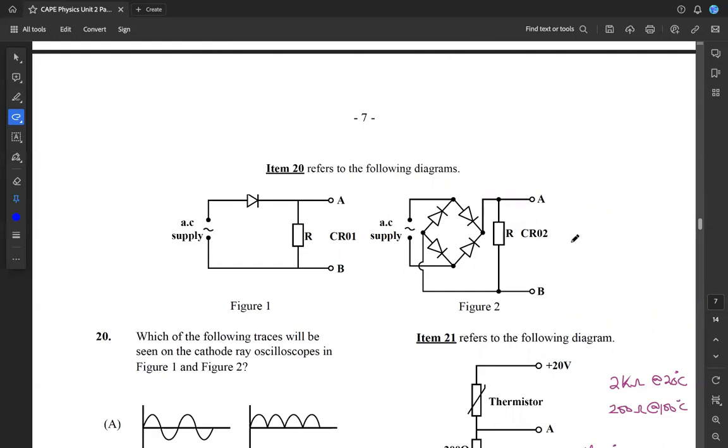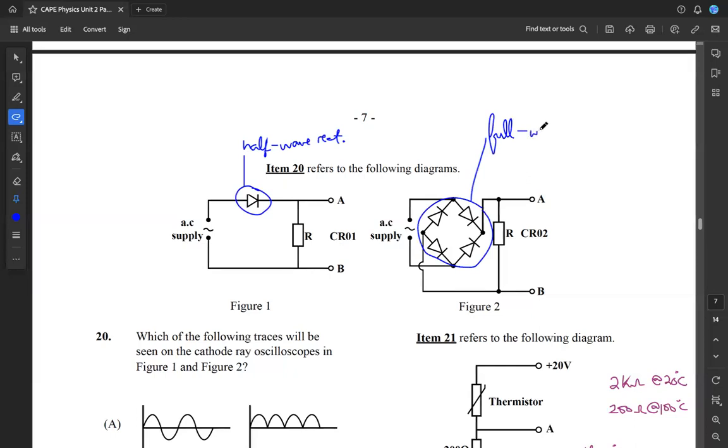So right now, when we look at this figure, we should write out what immediately jumps out at us, or what we remember. The first thing is that where there's one diode, we're going to have half wave rectification. And where we have 4 diodes, we're going to have full wave rectification of our input signal.